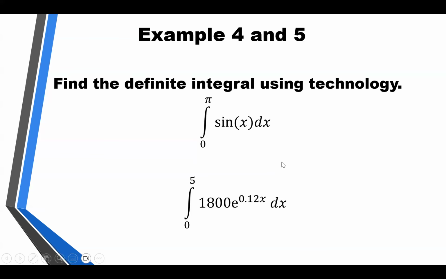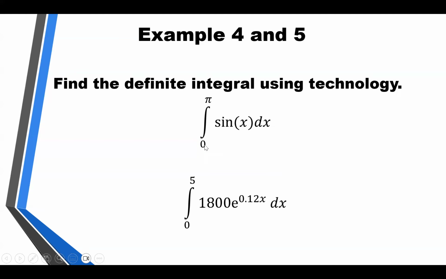So for instance, we can go back to examples 4 and 5, and we can simply type in, again, it's in the math 9, and then when I pull it up, it gives me the integration symbol.